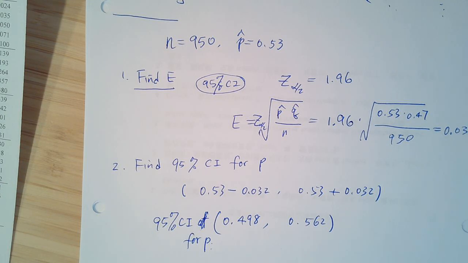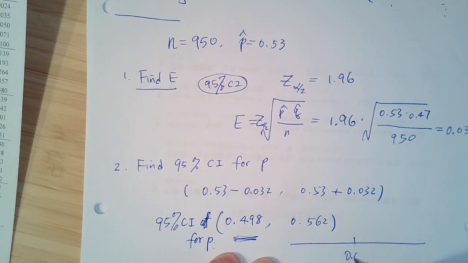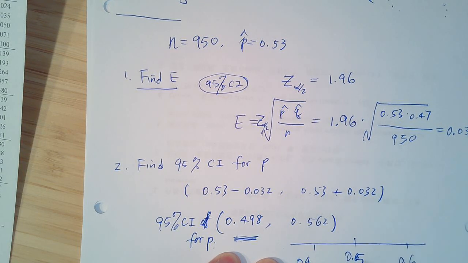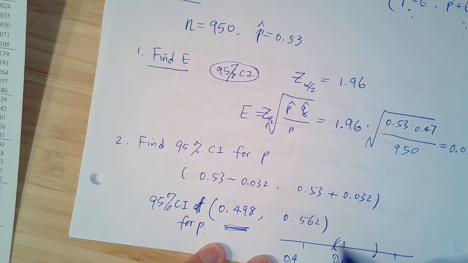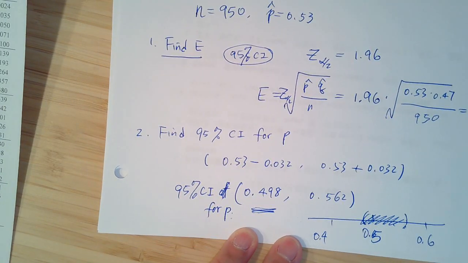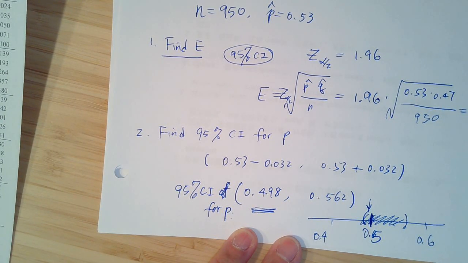You cannot safely conclude, because here is 0.5, here's 0.4, here's 0.6, so 0.562 is here and 0.498 is here. That is your confidence interval. It is quite possible that the population proportion is less than 0.5 or 50%, so you cannot conclude that more than 50% of the undergraduates take online courses. Make sense?